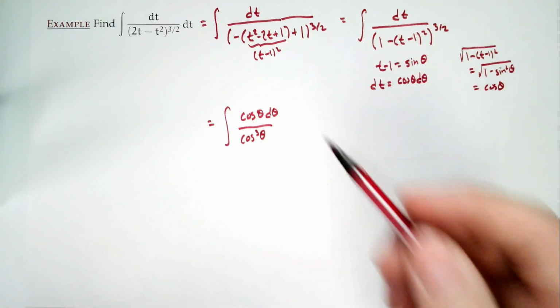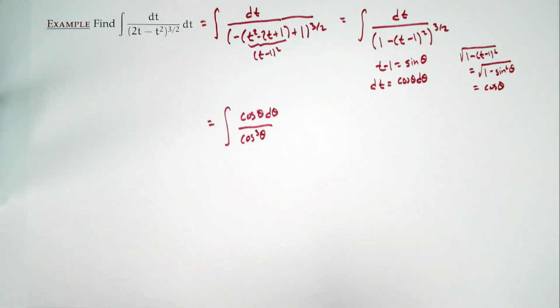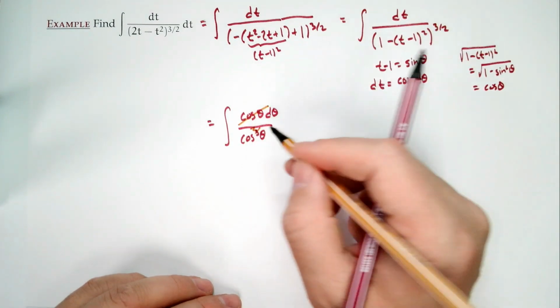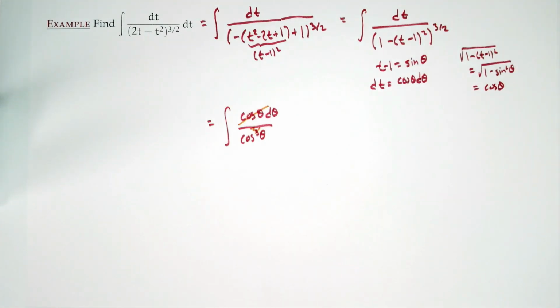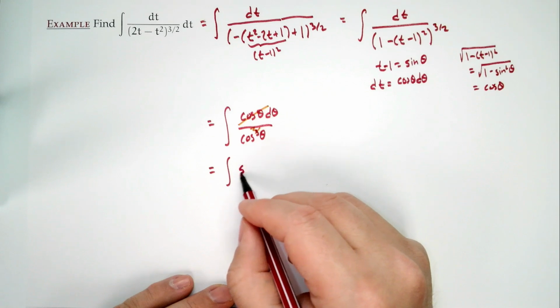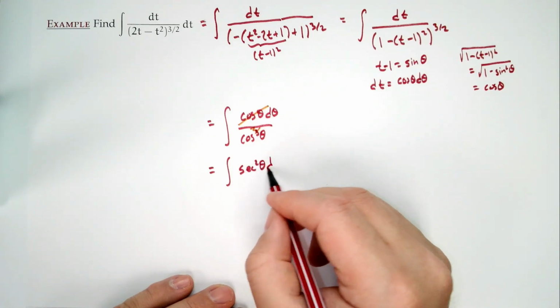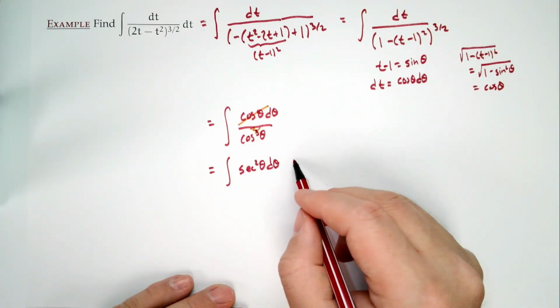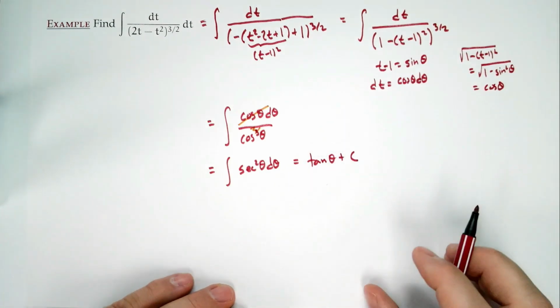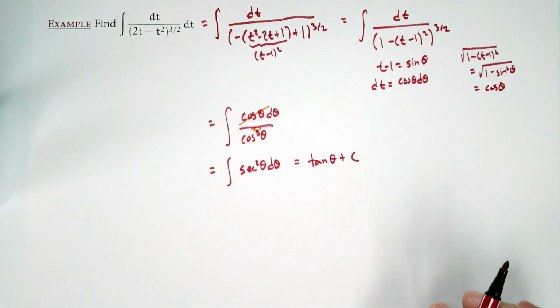What can you do? Well, first off, we can cancel a single cosine. So it's 1 over cosine squared. And we say, hey, 1 over cosine squared, that's nice. That's secant squared. Do we know how to integrate secant squared? Yeah, that's tangent plus some constant c. So now we just have to figure out what's tangent.